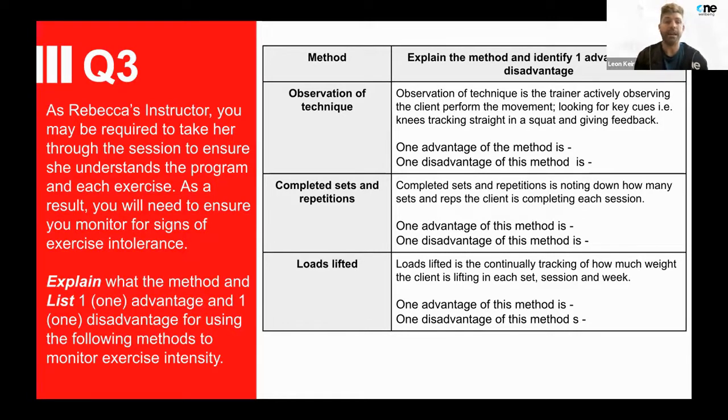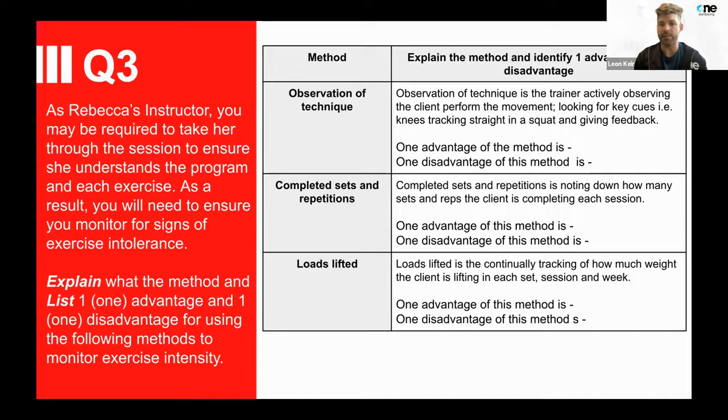Now, the disadvantage is that sometimes when you're programming for someone, it's really hard. You might get the starting load wrong from the start. So you might say, okay, let's do some squats, we're going to start at 70%.